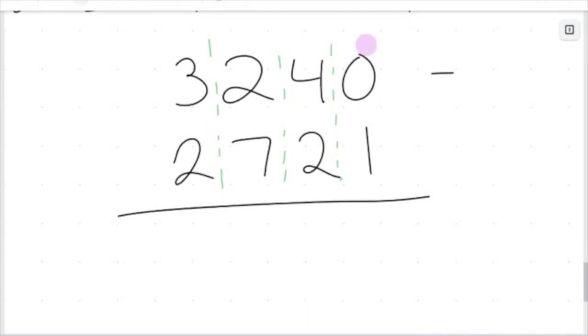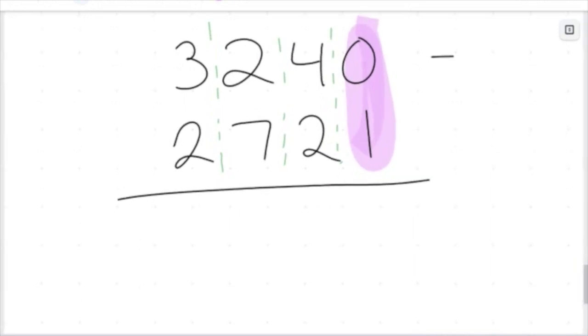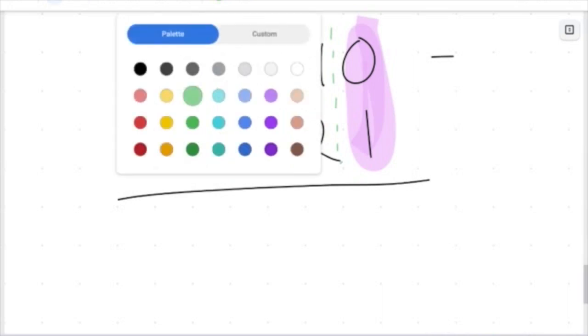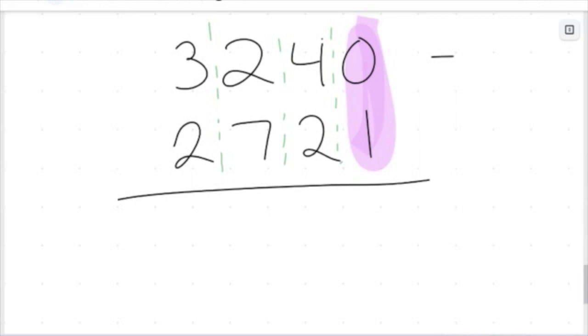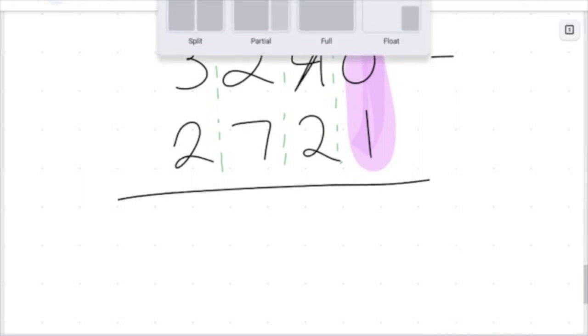So I'm dealing with each of these columns individually. Now, you should see here, I have 0 minus 1. Once again, I'm minusing a bigger number from a smaller number. So I can't really do this. What I want to do is borrow a 10 from my tens column and put that up here.